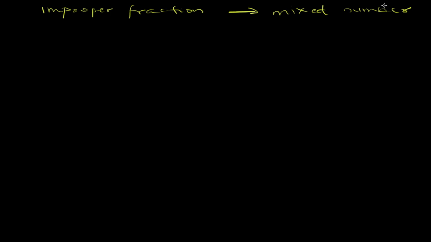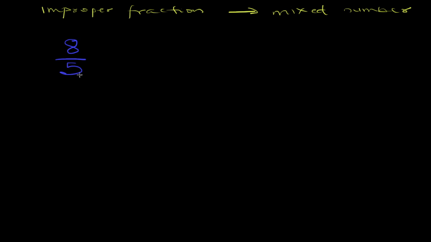All right, so how do we change from an improper fraction to a mixed number? Are you ready? All right, let's begin then. So let's first write down an improper fraction here, and then let's see how we can change to a mixed number. So this is an improper fraction.